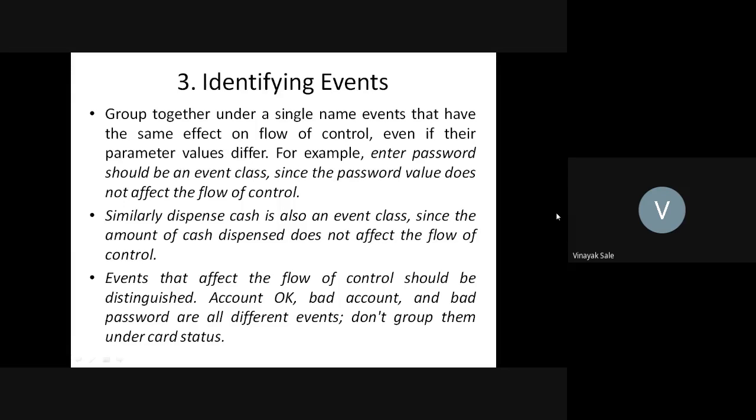Similarly, dispense cash is also an event class since the amount of cash dispensed does not affect the flow of control. Events that affect the flow of control should be distinguished. Account OK, bad account, and bad password are different events. Don't group them under card status.